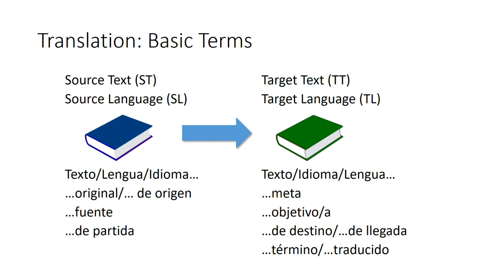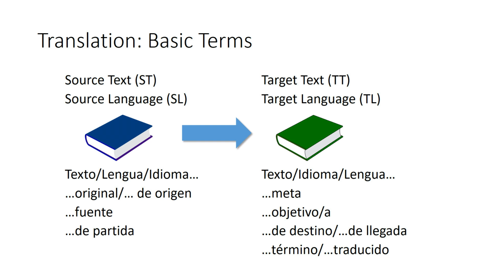And I wanted to provide some of the terms in Spanish as well. So the idea of source in Spanish is usually original. So for example, texto original o texto de origen, idioma original. You can also say texto fuente, texto de partida, or idioma fuente, idioma de partida. So those are terms for source text, source language in Spanish.